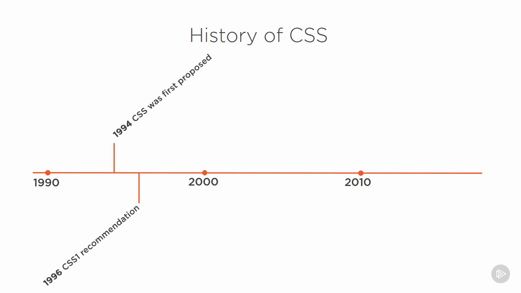This resulted in the official recommendation of the CSS Level 1 standard in 1996. Such a recommendation is considered a specification that web browsers can adopt, which they did. Although in the beginning there was very little support for CSS in the major browsers.